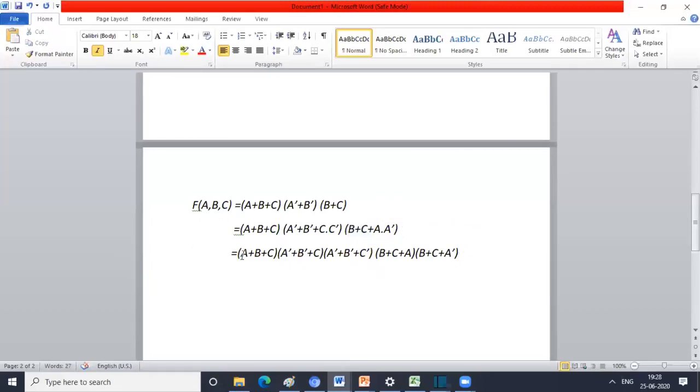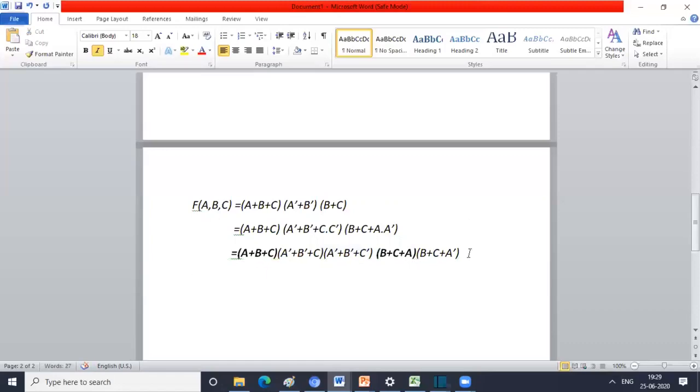So after that, what is the next step? You have to identify whether there are identical terms. So A plus B plus C, yes. Are there two terms? Yes, there are two terms, A plus B plus C, A plus B plus C. Then A bar plus B bar plus C, no, single. Then A bar plus B bar plus C bar, single. Okay. Then what should be the next step?